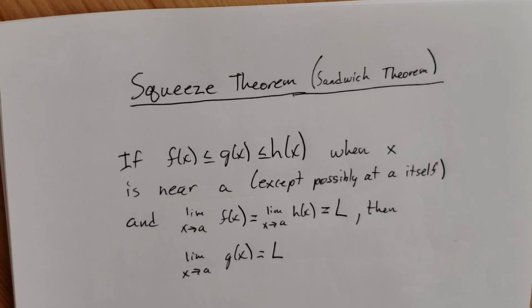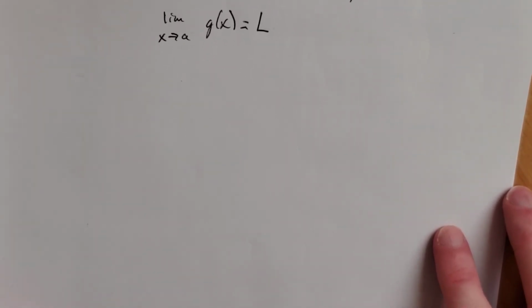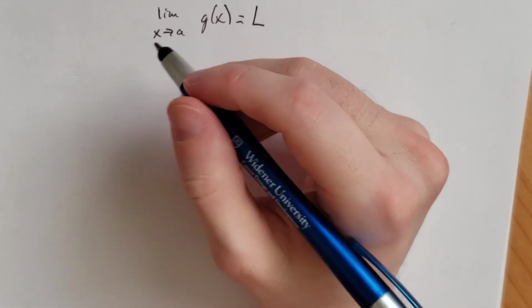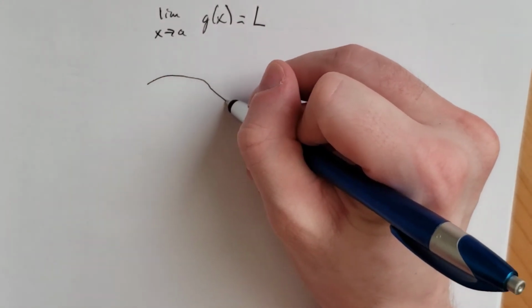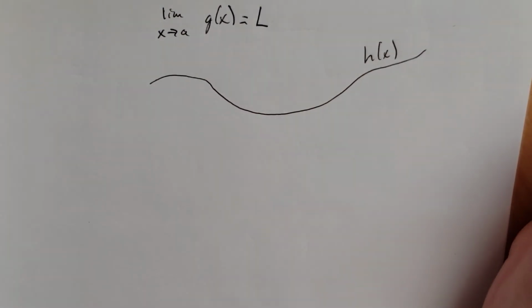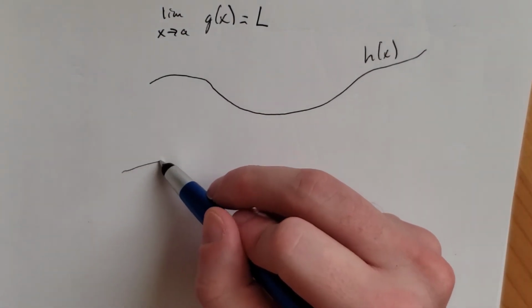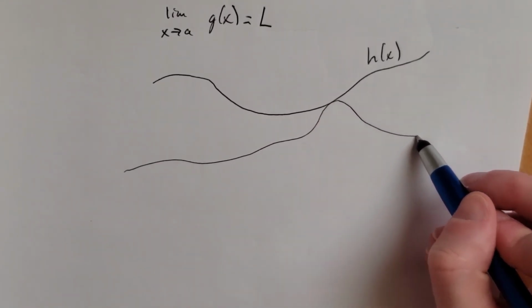Well, let's draw a picture to make sure we understand what all of that means. All right, so let's have a picture here where we have some function h of x, and we have some function f of x here.